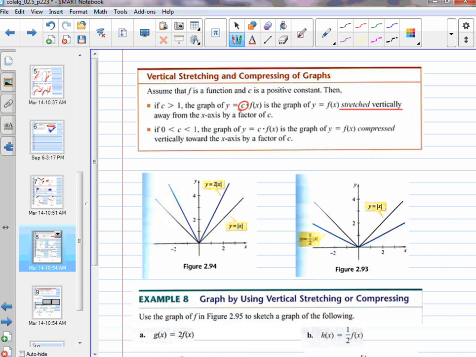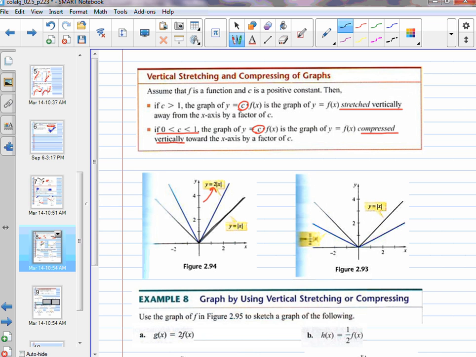It's gotten taller. If that value is between 0 and 1, it has been compressed, or shrunk, vertically by that value. So let's look at this example where they have 2 times the absolute value of x.